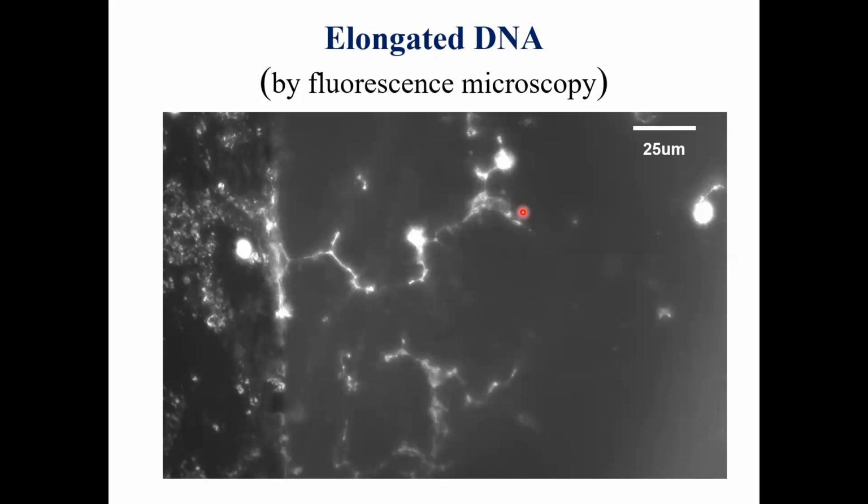So DNA started coming out because the roof collapsed. So the idea that we got here is that the roof we put has to be an adherent type roof so that DNA can be constrained underneath the roof.